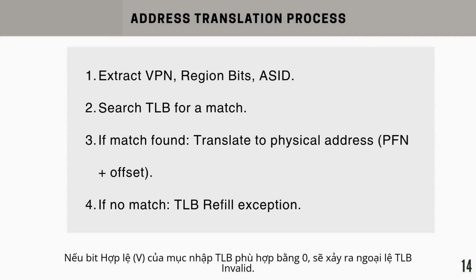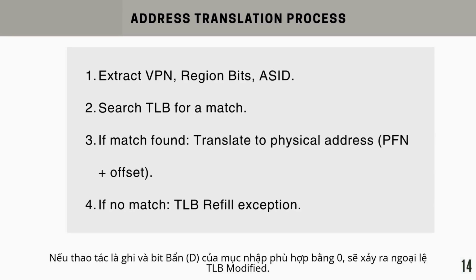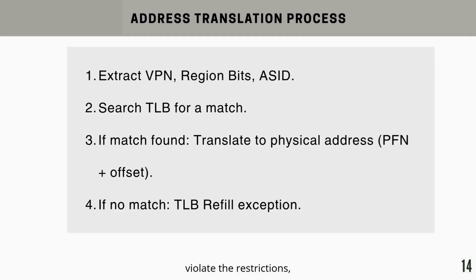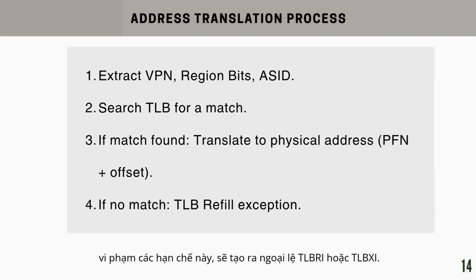If the valid V bit of the matching TLB entry is 0, a TLB invalid exception is raised. If the access is a write and the dirty D bit is 0, a TLB modified exception is triggered. If the read inhibit RI or execute inhibit XI bits are set in the matching entry and the access violates the restrictions, the corresponding TLB RI or TLB XI exceptions will be generated.